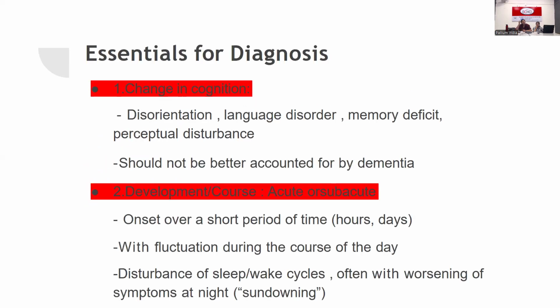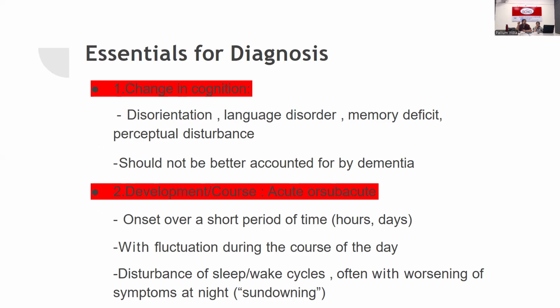So, some of the essentials for the diagnosis. We have already discussed this in the clinical features. In short, the first one is a change in cognition. The patient will have disorientation, language disorder. Sometimes they'll not be able to talk properly, they'll be talking different things. Memory deficit, unable to recall things.